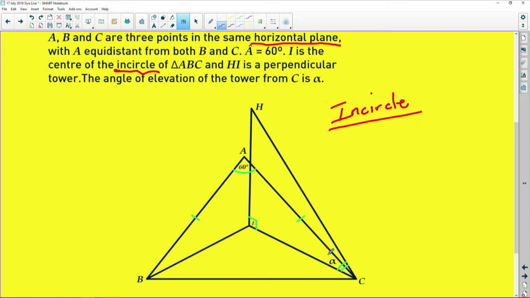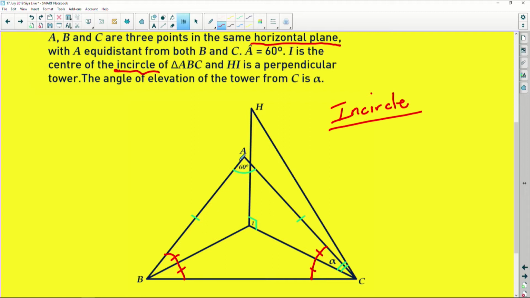So it means that this angle here is bisected. Therefore, this and that would be equal. Similarly with this angle there, it is bisected, because these lines make the center of the incircle. And also AB, BC, and AC will then be the tangents to the incircle. That's one of the other things you please need to think about.